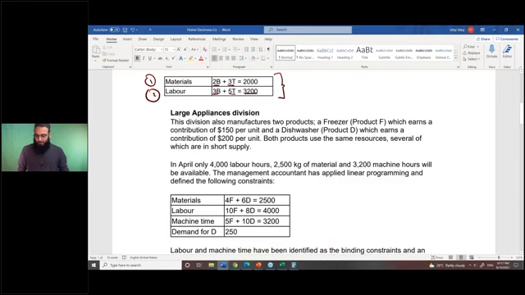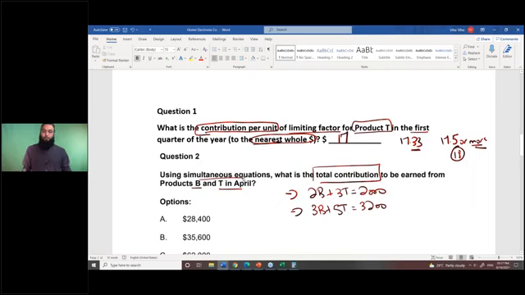Materials and labor, okay, that's fine. So now let's work it out through simultaneous equations. The rule is simple: you have to eliminate one variable from both equations. You can select whether it's T or B, it's up to you. There is an elimination method and a substitution method, and I'm going for the elimination method here.